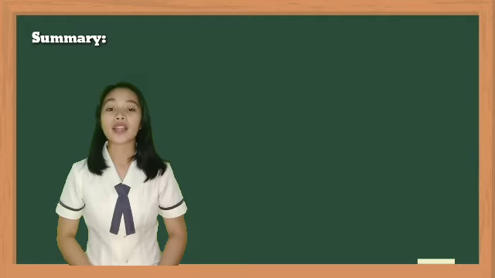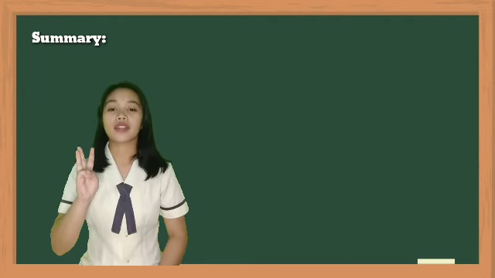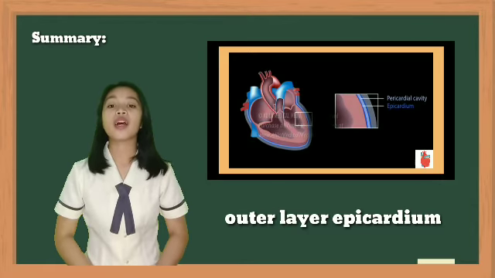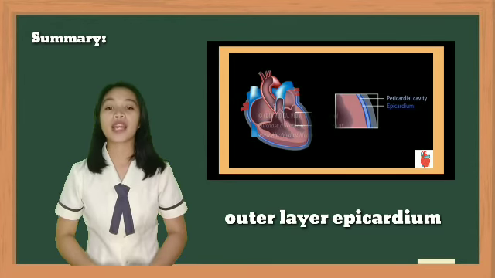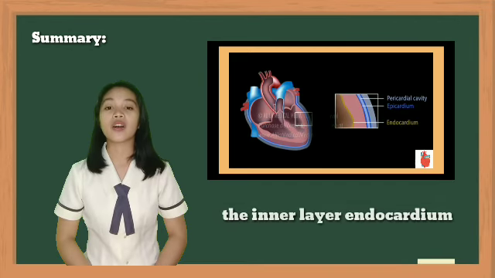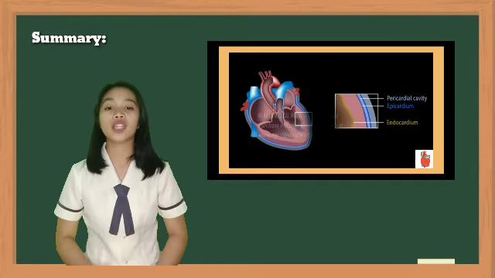The heart has three layers. The outer layer, the epicardium, lines the pericardial cavity. The second one is the inner layer, or endocardium, which lines the heart chambers and valves, and it is continuous with the endothelium of blood vessels.